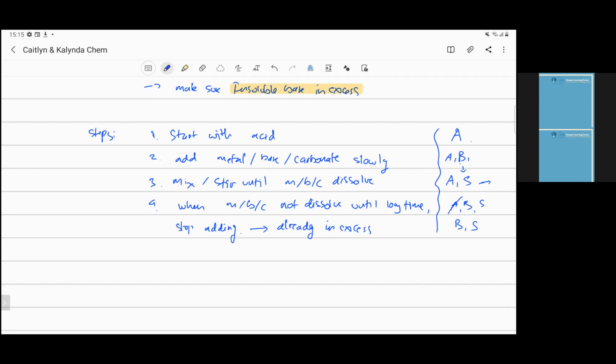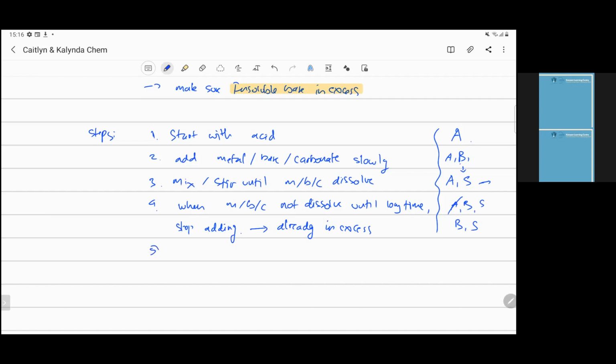But if you keep adding base, there will be a condition when all the acid has reacted, and because of that, the base stays in the liquid. No matter how long we mix or stir them, the base is not going to vanish. It is not going to dissolve because there is no more acid to react with it. In this case, we have base and salt in the liquid.